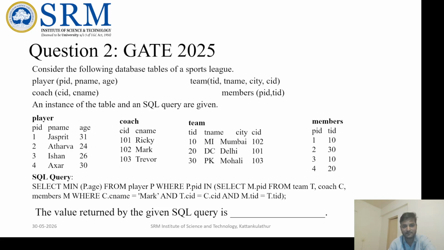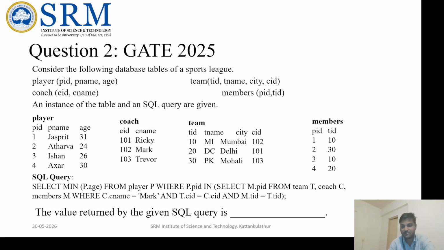Consider the following database tables of a sports league. The player relation has three attributes: player ID, player name, and age. Then team ID, team name, and city, and CID means coach ID. Another relation has coach ID and coach name.